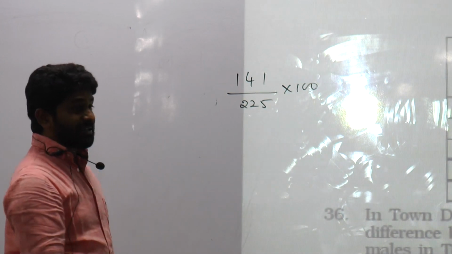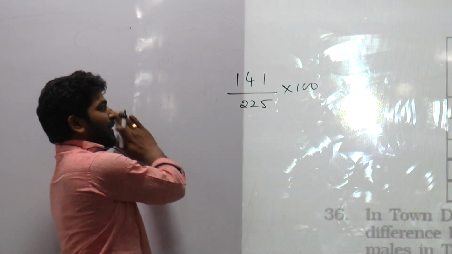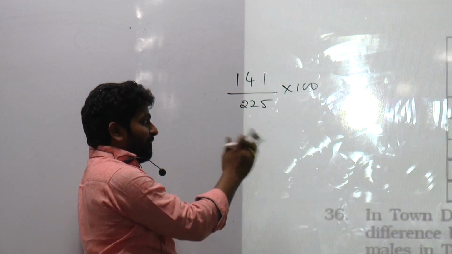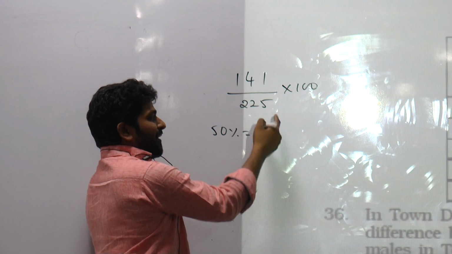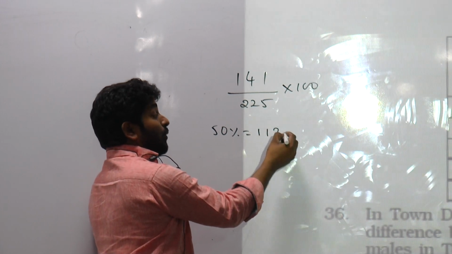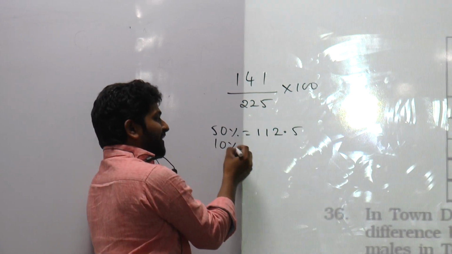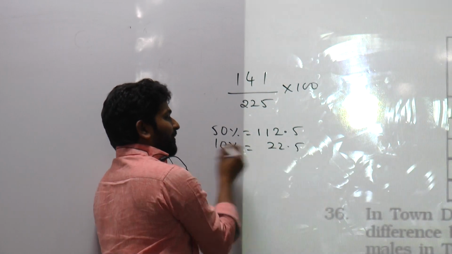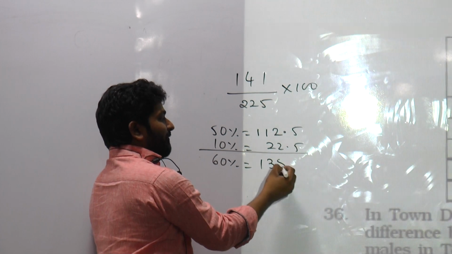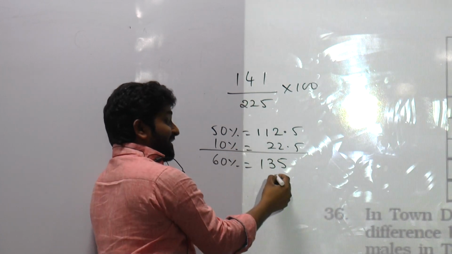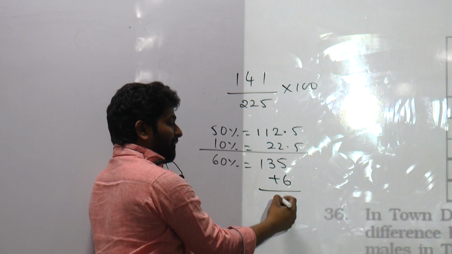So let's calculate 60%. How do we get 60%? 50% plus 10%. 50% of this number is 112.5. 10% in the sense 22.5. So total 60% gives 135. Still you need to add 6 here to make it 141.